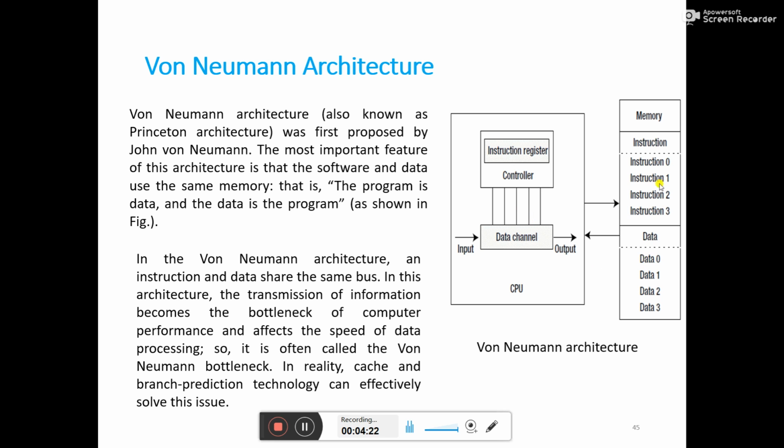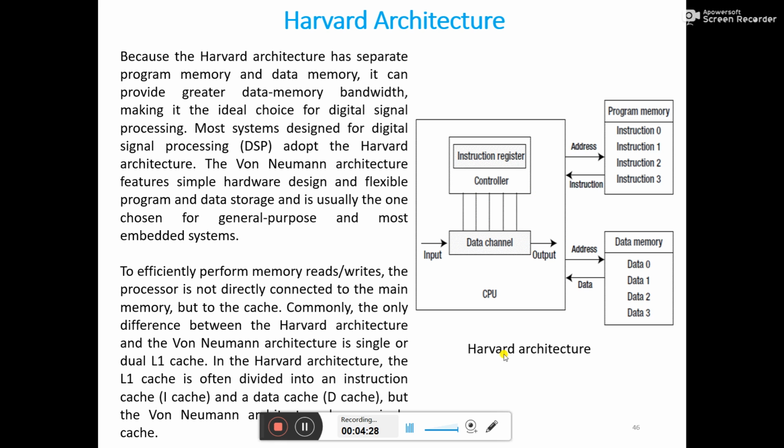In the von Neumann case your code and data are in the same memory, while in the Harvard architecture you have different instruction and data memory: a program memory and a data memory. Both are separate, and you deal with the instructions and the data separately.